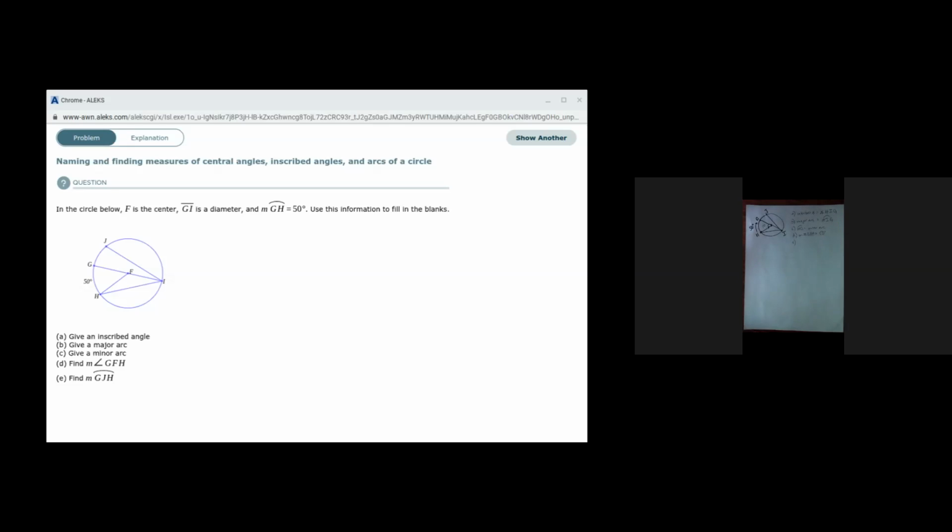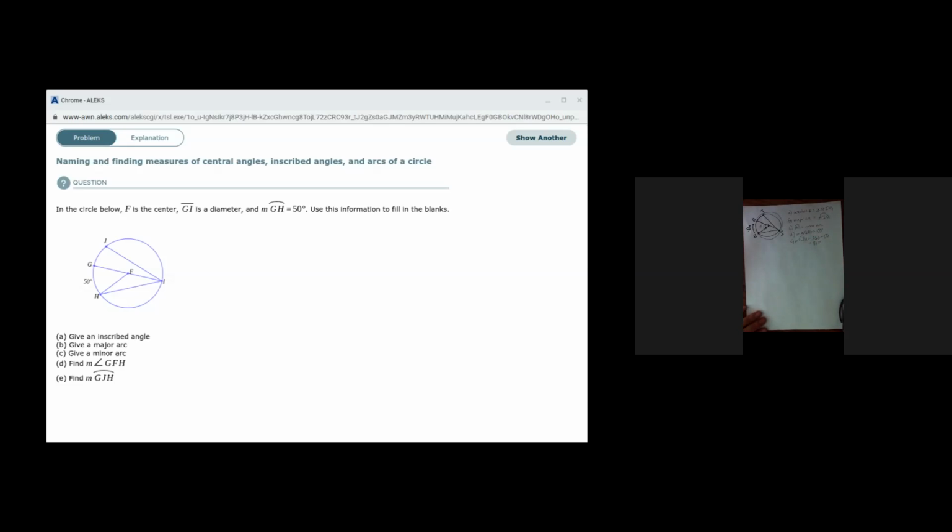So to get from G through J to H, oh, okay, well that's just the whole circle minus that little arc. So the measure of arc GJH is going to be 360 minus this little guy, 50, which is 310 degrees.